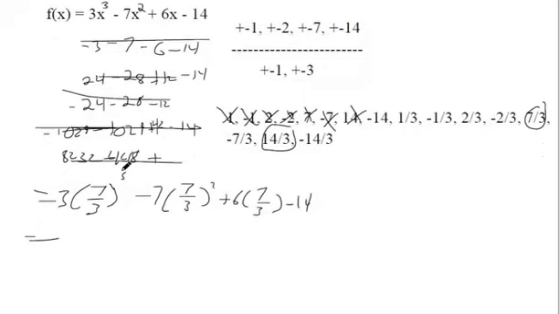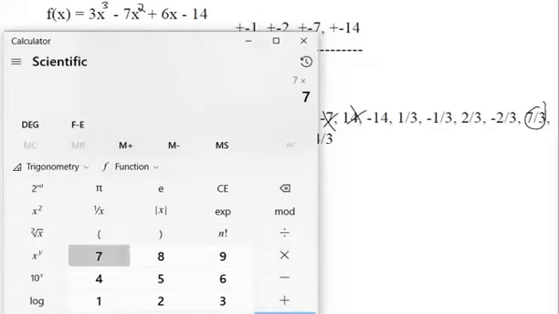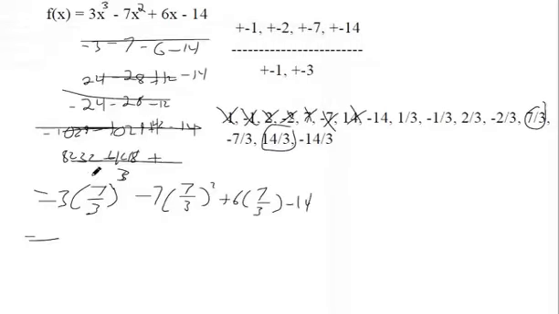And then 7 thirds to the third power. That's going to be 7 to the third power in the numerator, so that's 343. But in the denominator, it's 3 to the third times 3. One of those 3's will cancel out, so it's going to make 9 in the denominator when you simplify that fraction. So minus 7 times 7 squared is 49. 3 squared is 9.